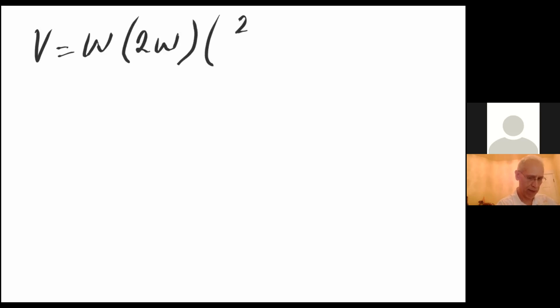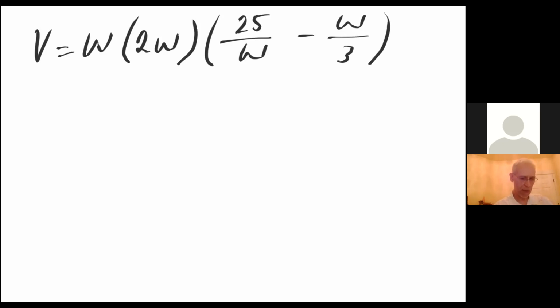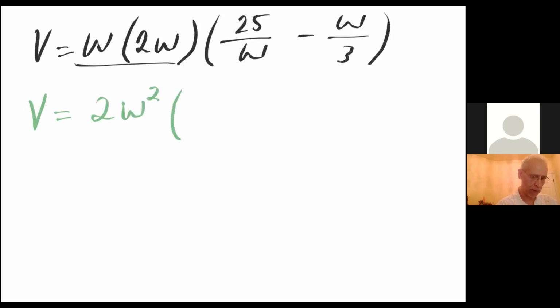So now I have volume equals width times 2 width times (25 divided by width minus width over 3). And so this is one baby step. I can rewrite this as volume equals 2 width squared times (25 over width minus width over 3).